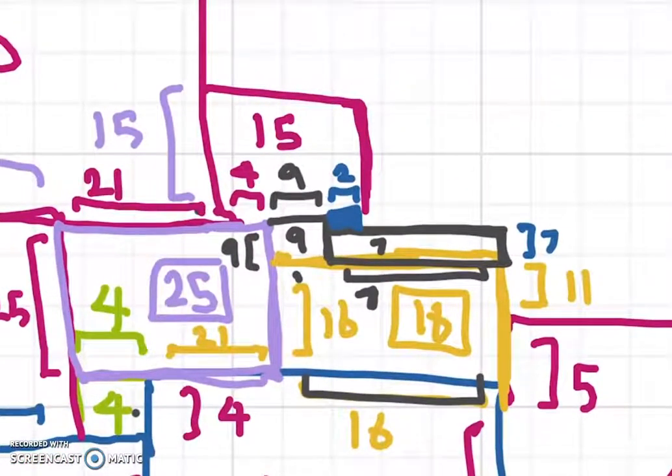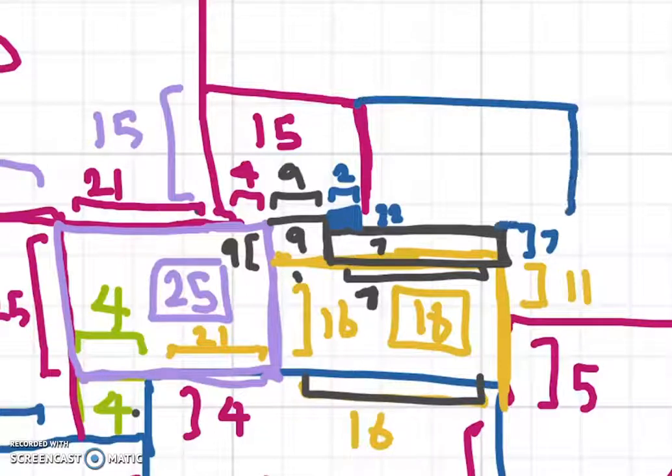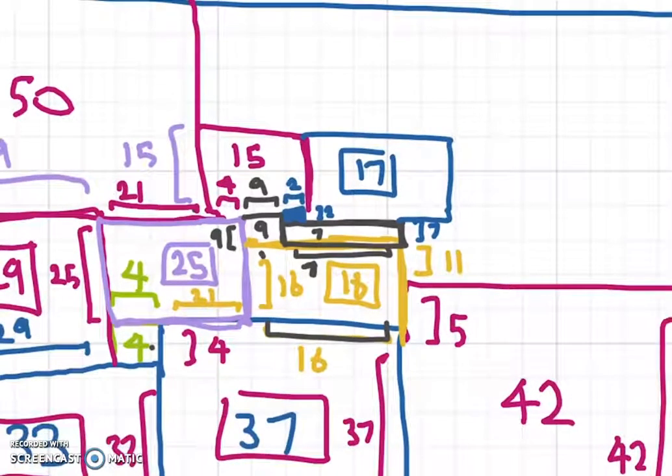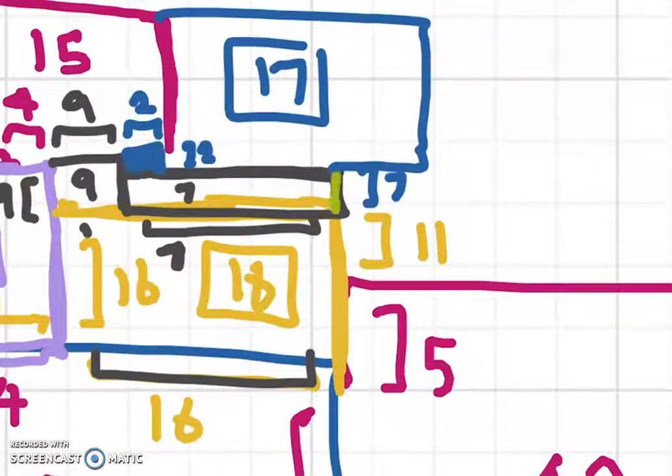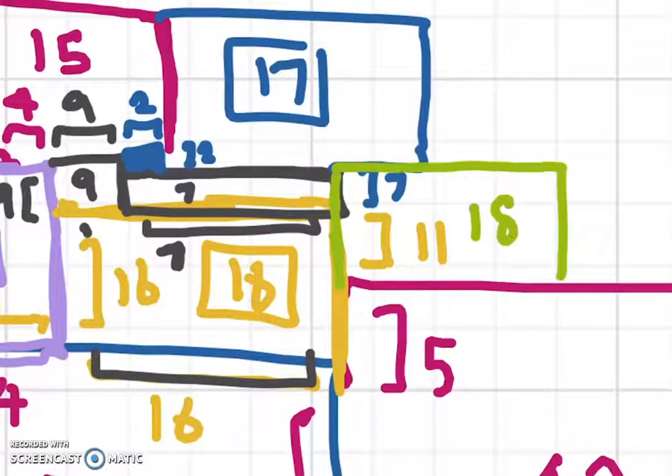Okay, now since 15 plus the 2 here is 17, we can make a square of side length 17 by doing this. And since 7 plus 11 is 18, we can make a square of side length 18, like this.